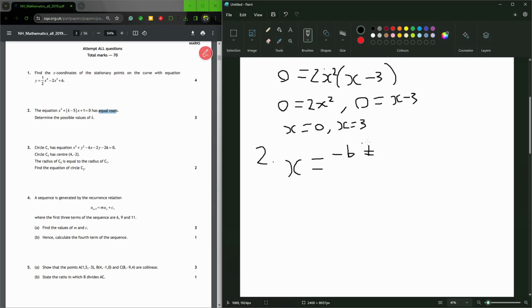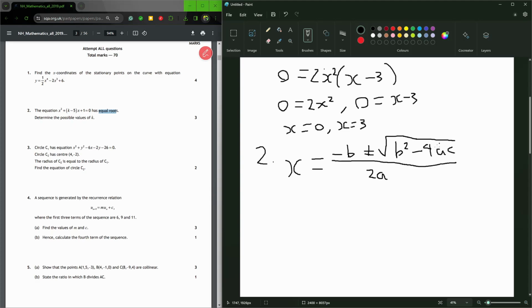This symbol I'm drawing means plus or minus, because you get 2 solutions, like with quadratic equations. Luckily you shouldn't really need to do this much in Higher anymore, which is a godsend. What we can look at is inside the square root. This will tell us how many roots there are.